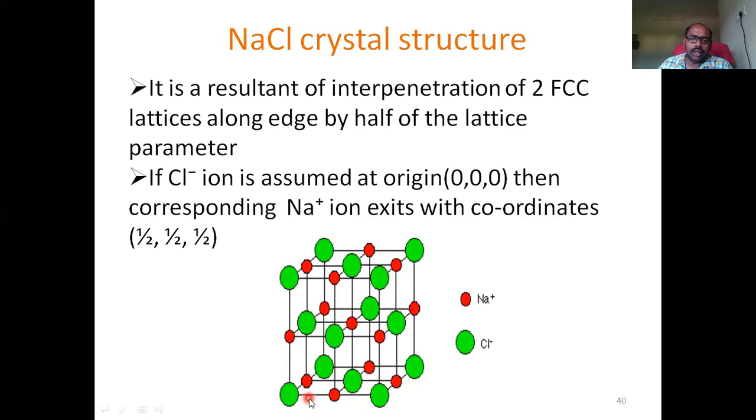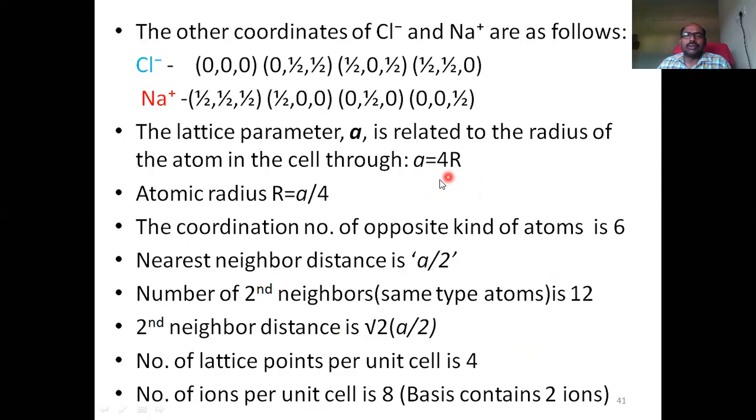Then from here to here R, here R, and here R. Totally R plus 2R plus R, 4R. In terms of the unit length, the lattice vector, it is the side length a. Thus we get a is equal to 4R. From this relation, R is equal to a by 4.